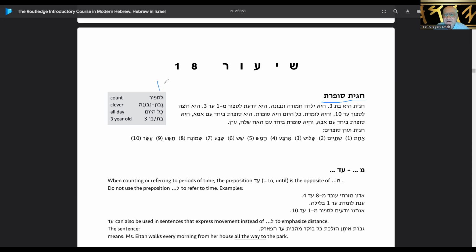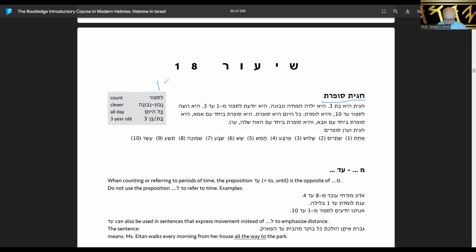I'm almost certain that is soperet. Hagit sofer. It's not sulfur, no, wrong. Hagit soperet.